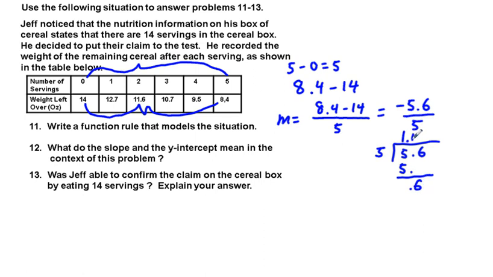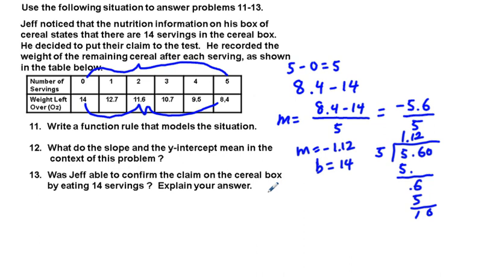So 0.1. 1 times 5, 5. Down 1. And then we bring down 0 from above. So we're going to get 1.12. So say m is equal to negative 1.12. And we know that our initial amount, our b in this, is going to be b equals 14 ounces left over.